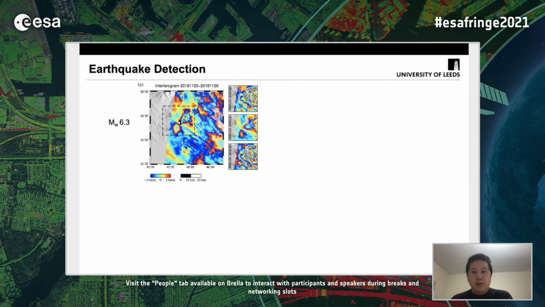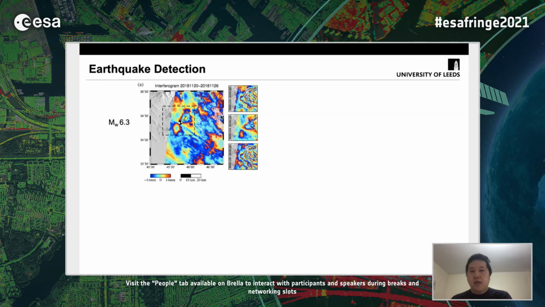The first thing we want to show here is how time series improves earthquake detectability. The main panel shows the shortest temporal baseline single interferogram for this 6.3 earthquake, and the other 3 smaller panels show longer temporal baselines of the deformation area marked by the dashed rectangle. All these interferograms have been corrected by GACOS to remove the tropospheric noise.